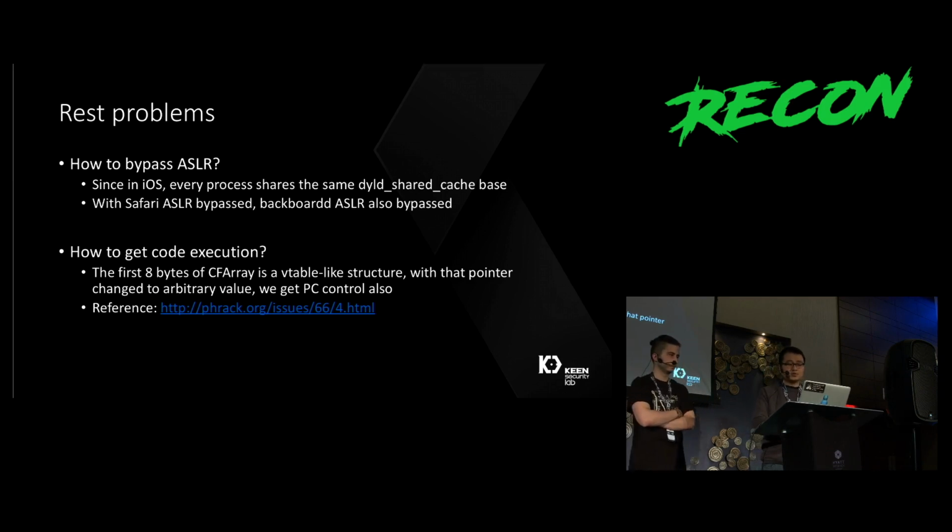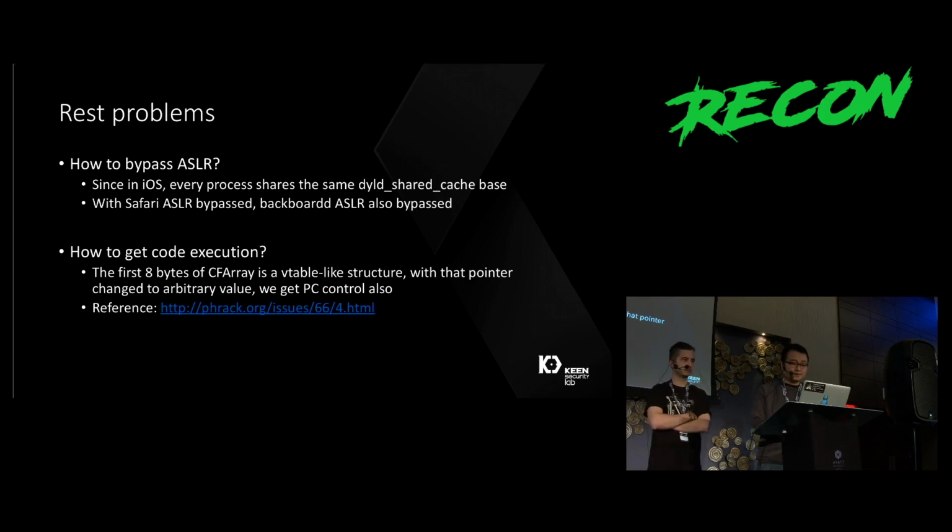And also we get code execution because CFArray is a kind of vtable-like structure. Although it's not a real vtable, it's some Objective-C structure. And after you control the first 8 bytes, you can also get PC control.